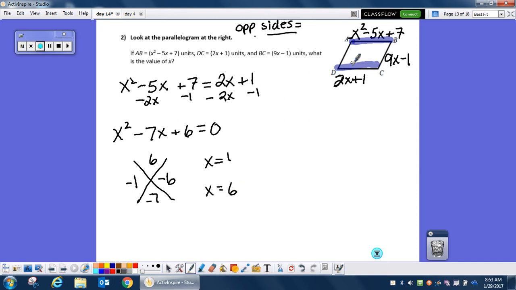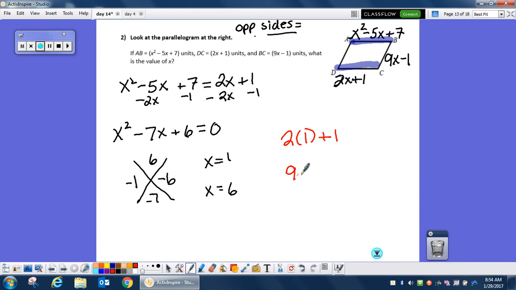Now, we also now need to go back in and make sure that we get a positive side length. So you just need to check at least 2, because if you check DC, AB is the same as DC. So what I would do is I would check DC with 1, so 2 times 1 plus 1. If you find DC, you find AB.